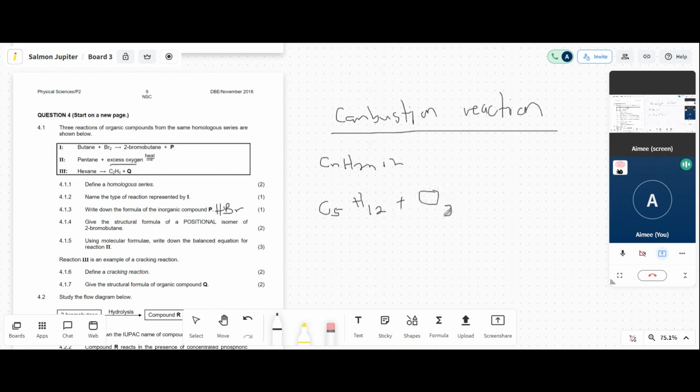So you know you've got to put oxygen here, and you know that oxygen is a diatomic molecule, so you can't just put it as O, it has to be O2. And this gives you two products that, only if you've studied combustion reactions, you know are CO2 plus water.